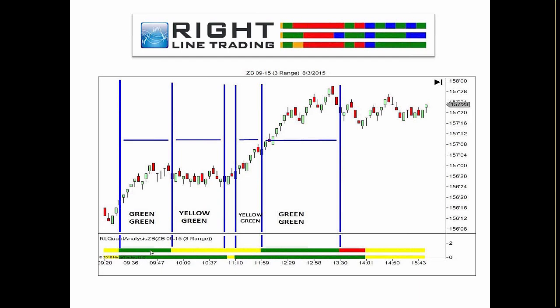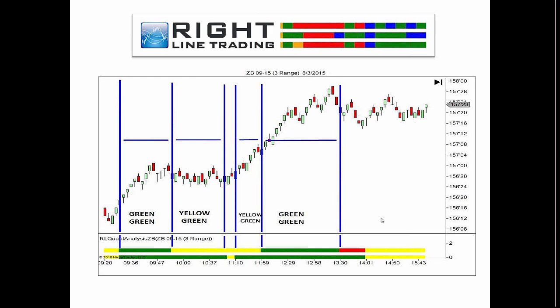And you can see when the lines are green, it means that the markets that rise when bonds rise are rising, and the markets that fall when bonds rise are falling.